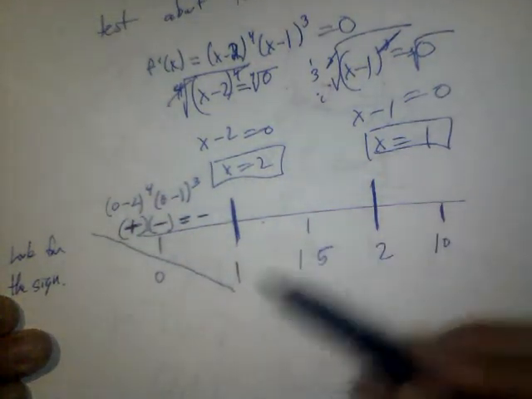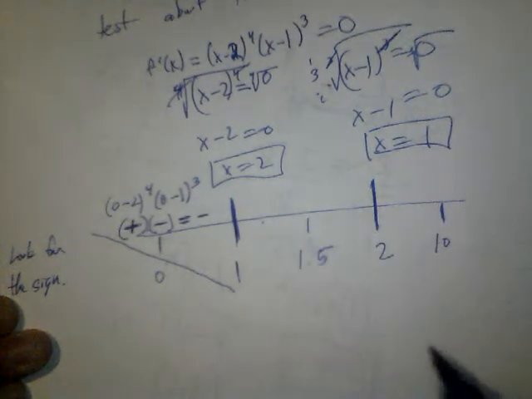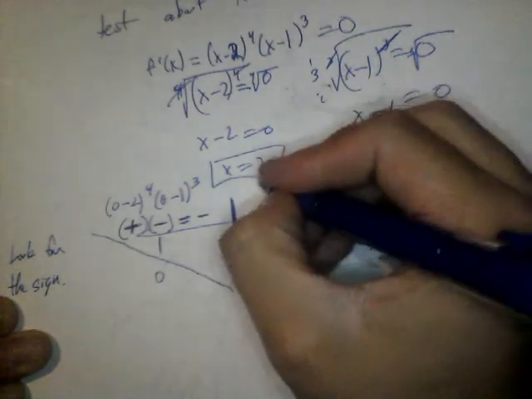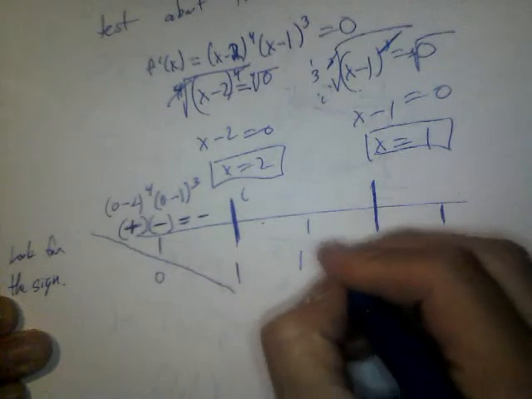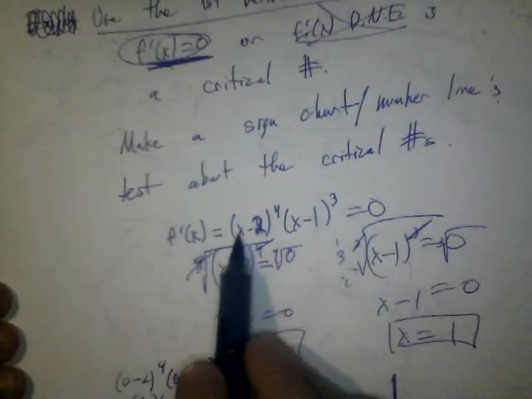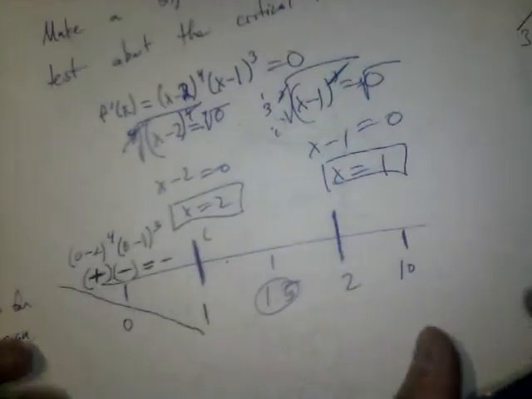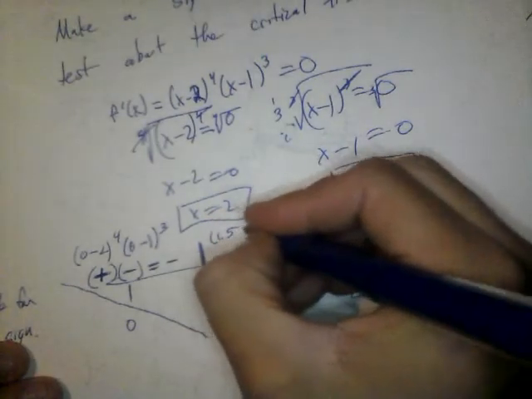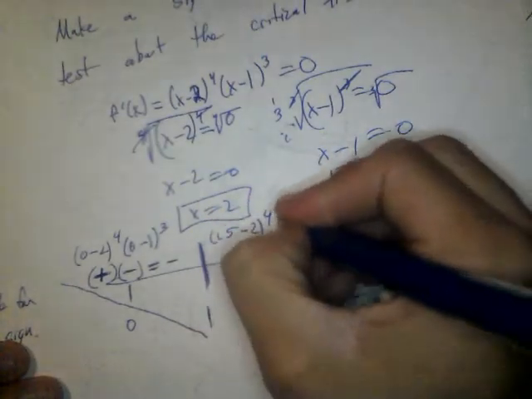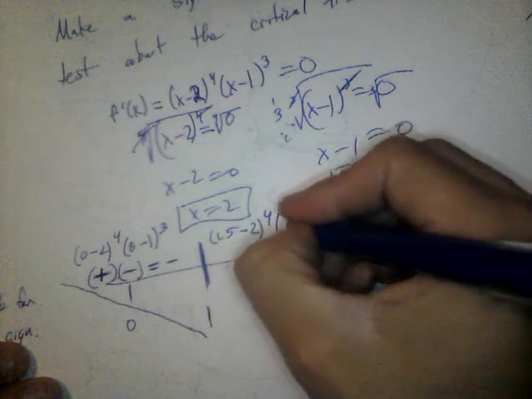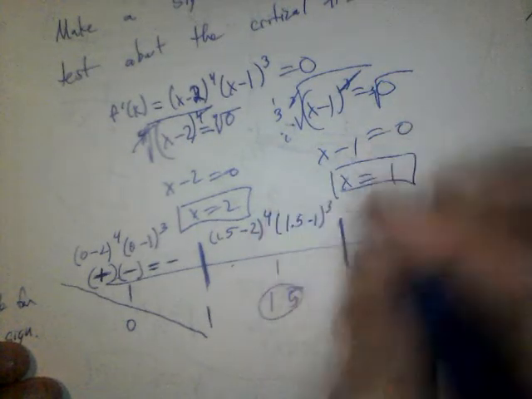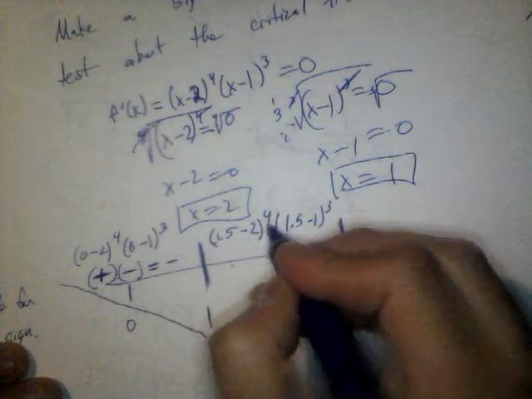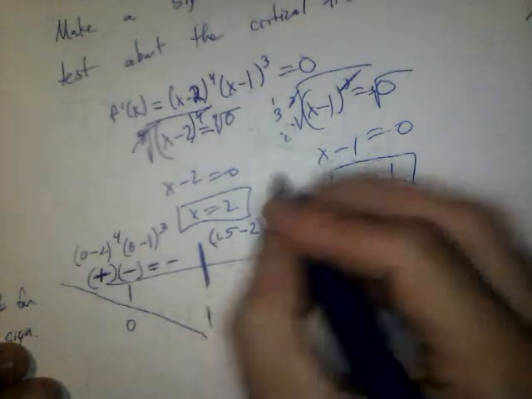Now, that doesn't imply it's increasing. We have to check between here. We're going to plug it again into the derivative, plugging in 1.5 for x. What we get is 1.5 minus 2 to the fourth times 1.5 minus 1 cubed. Anything to an even power is always positive, so that part is just positive.